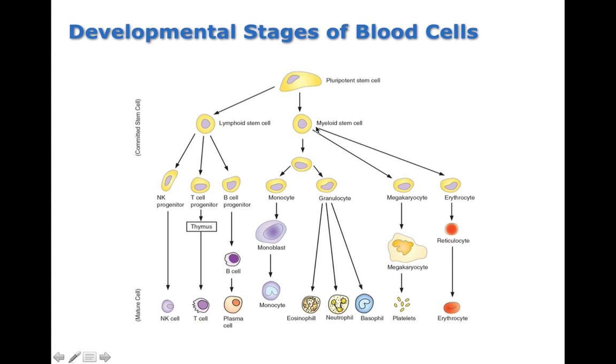So the myeloid stem cell line can give rise to the erythrocytes, the megakaryocytes, which produce platelets, as well as some of your granulocytes like your neutrophils, eosinophils, and basophils, and monocytes, which are circulating macrophages. Now, these myeloid stem cells are more associated with leukemias when they have out-of-control growth.